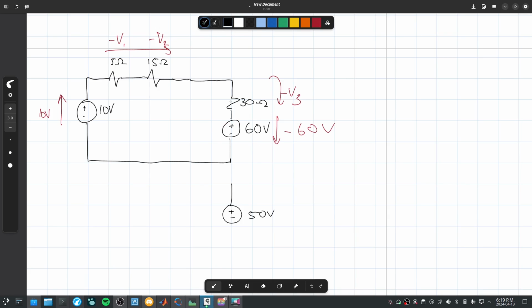You get the same answer anyway, but negative voltage is weird, so we don't do that. That being said, if you do have a negative voltage, you just flip it around. Let me show that actually. So if we combine it at this point, we get negative 50 volts, and then we just flip it around. Like that.